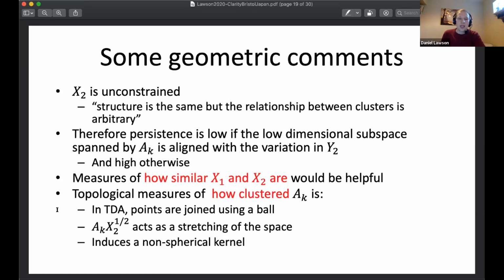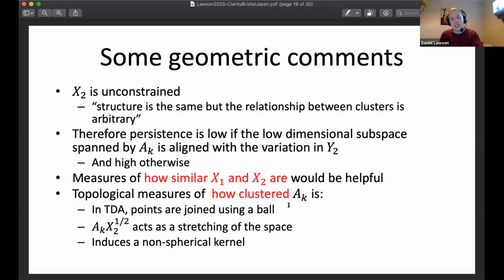Now, as well, this process of having a different relationship can also change topological measures. So if we were to make a topological, like an actual persistence diagram of the clustering of A, or the positions of A, the traditional thing in TDA is to do this with a ball.